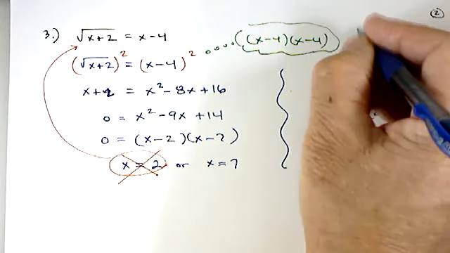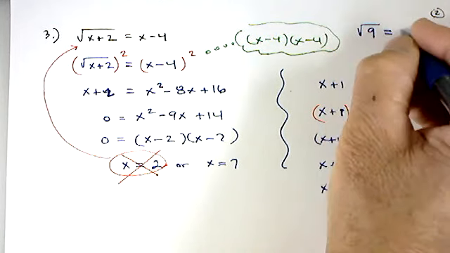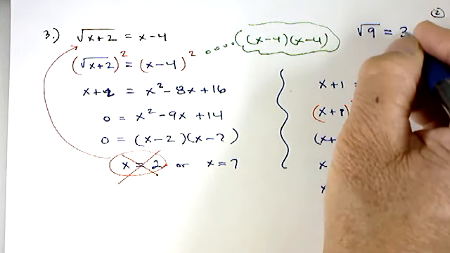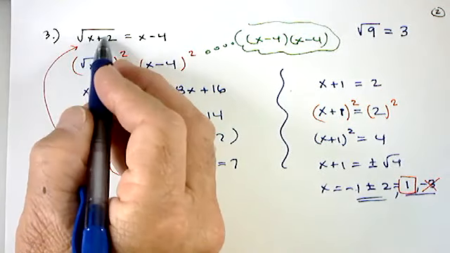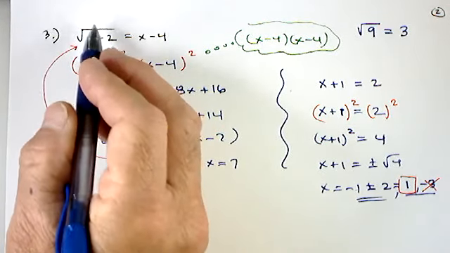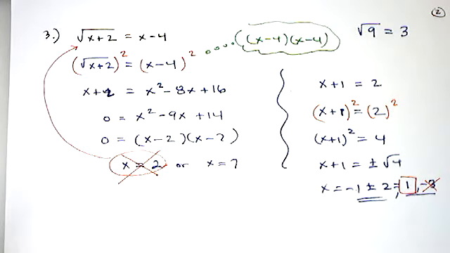But if someone just says, what's the square root of, for example, 9, it's not plus or minus 3, it's just 3. So that's why when I plugged in 2 here and got 2 plus 2, the square root of 4 is only 2. It's not 2 and -2, it's just 2. That's why that doesn't work.